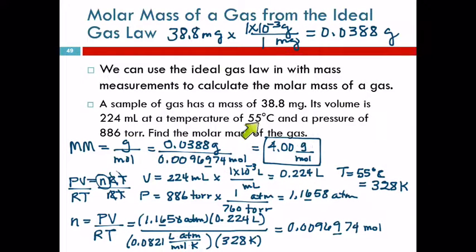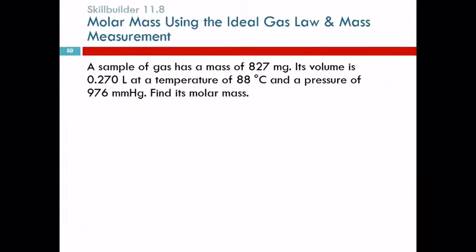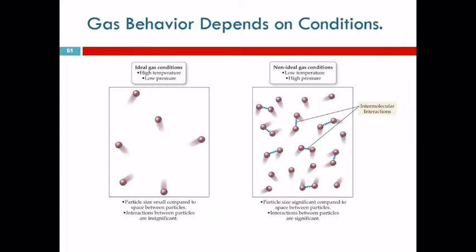This molar mass is very distinctive. This is obviously helium. Helium has a mass of 4 grams per mole. There's not a lot of possibilities when you're down among these little guys. Any questions? That one is just like the one we did. I'm going to skip it.